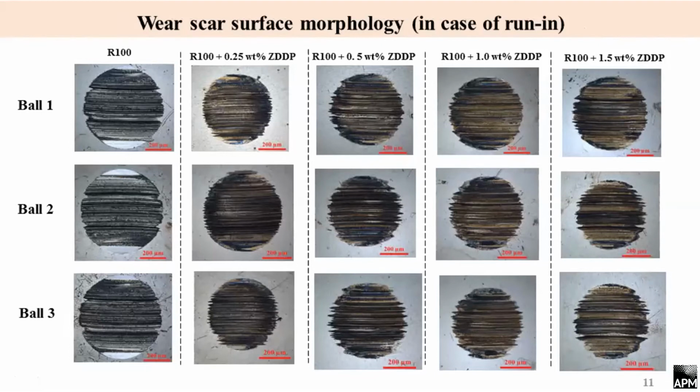We also see the wear scar surface morphologies in the case of running-in process. And you can see here the blue region is smaller than in the test after running-in process. It's because high rotating speed and high load may blow away the tribofilm formed by ZDDP.